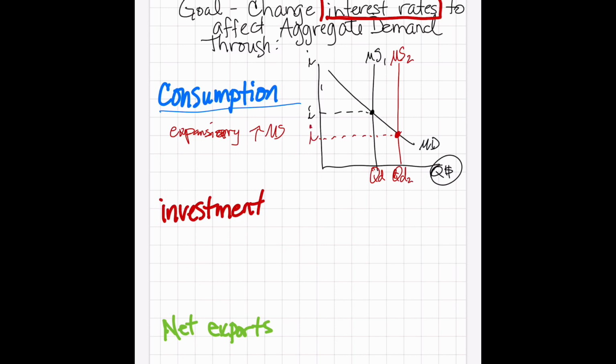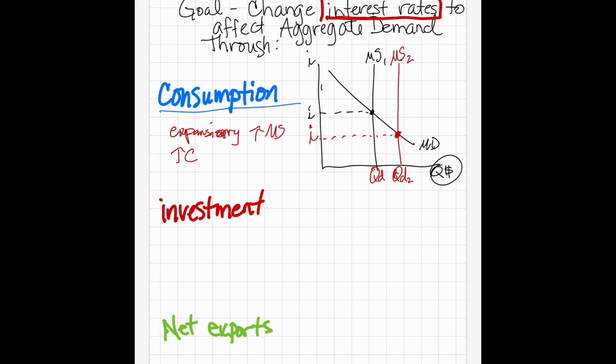And as a result, that interest rate or the price of money falls. So this should look somewhat familiar to you. This would be expansionary policy because what they do is they take an action to increase the money supply using one of their tools and as a result, decrease the interest rate for consumption. And of course, a decreased interest rate for consumption means greater consumption.